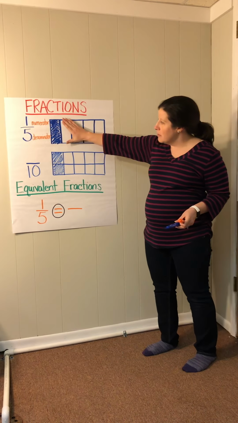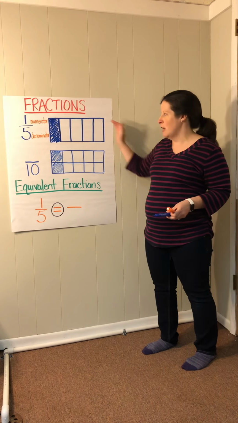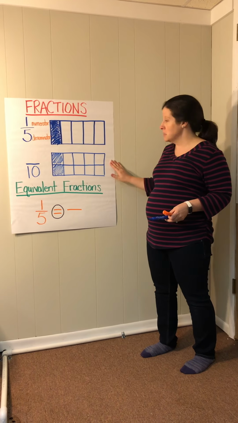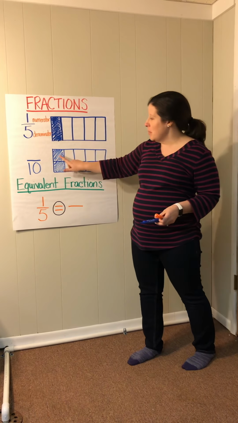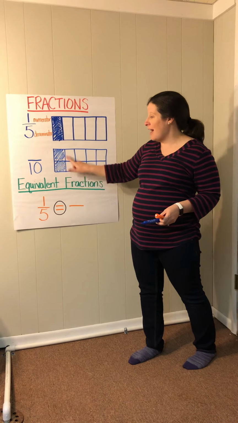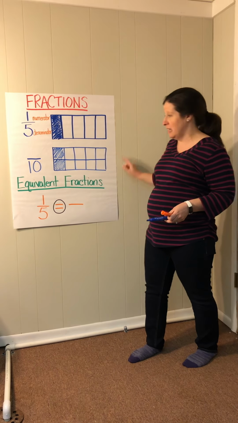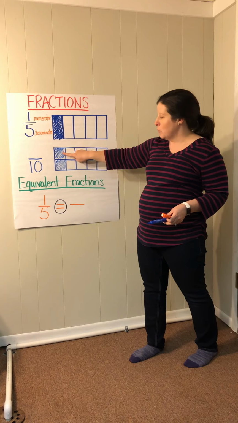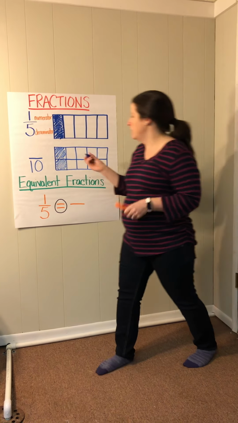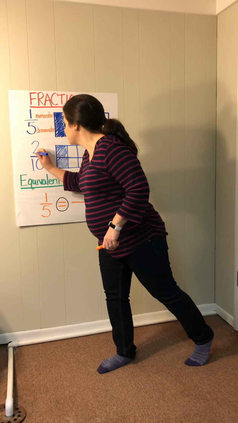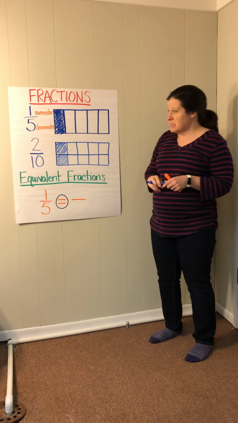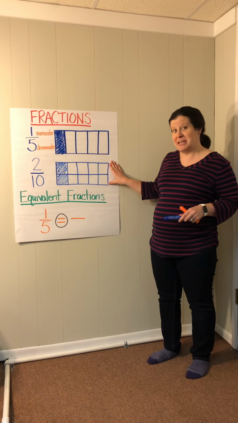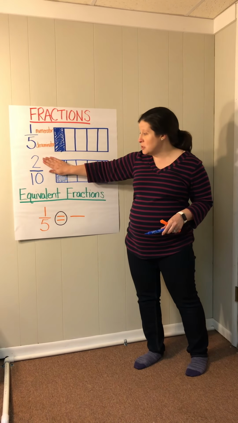And you can tell that the same amount of the whole rectangle is shaded in both of those parts. So this time I'm going to count how many out of the 10 are shaded in to write my numerator up here on the top. So I have 1, 2 shaded in. That means the fraction that tells how much of the rectangle is shaded would be 2/10.